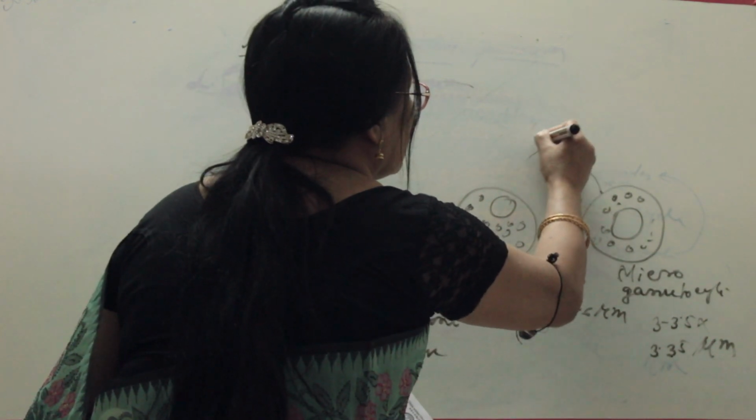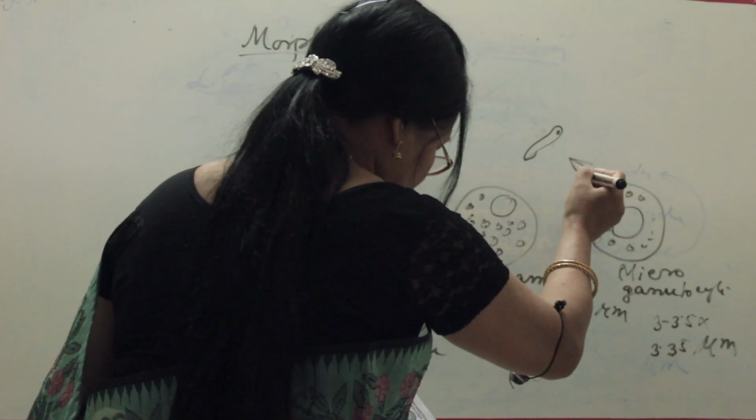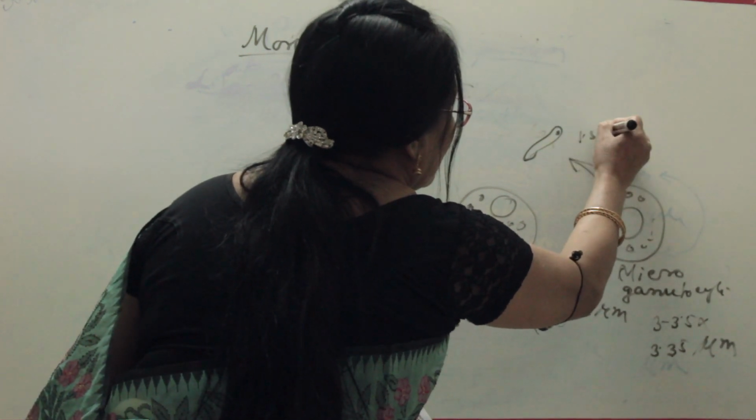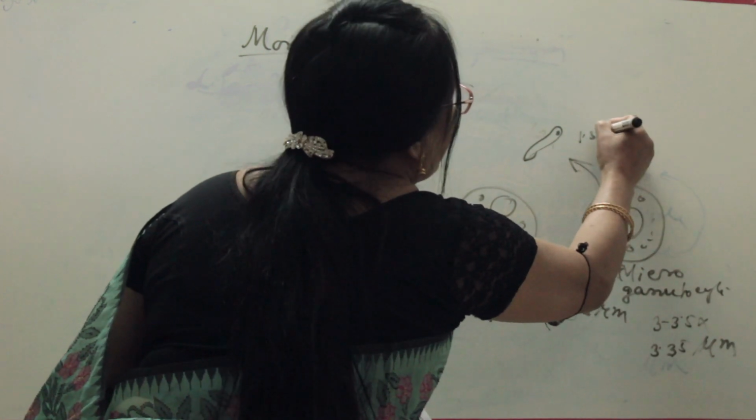These microgametes have a size of 1.5 by 0.5 micrometers.